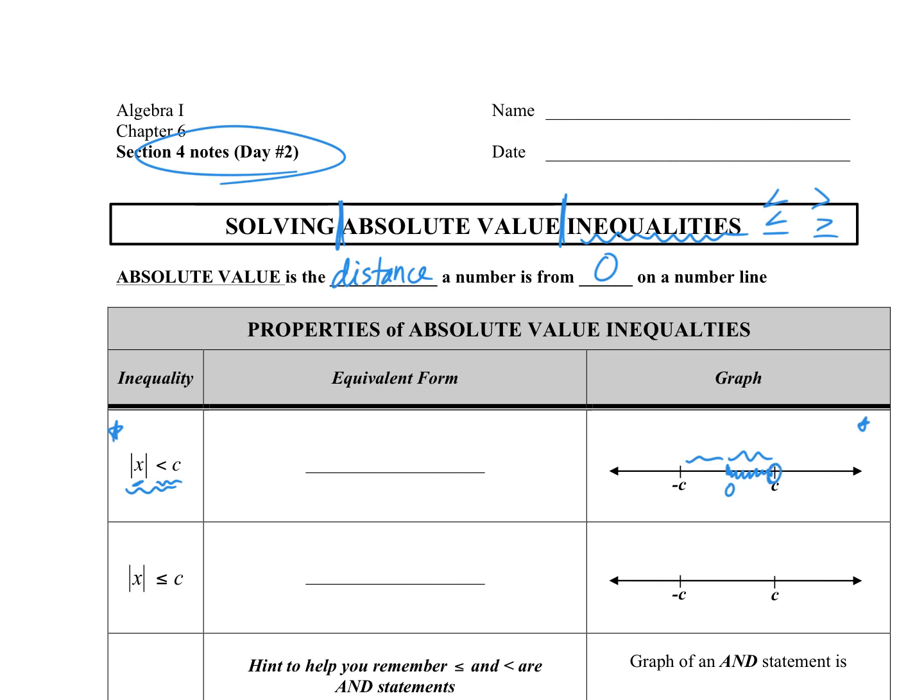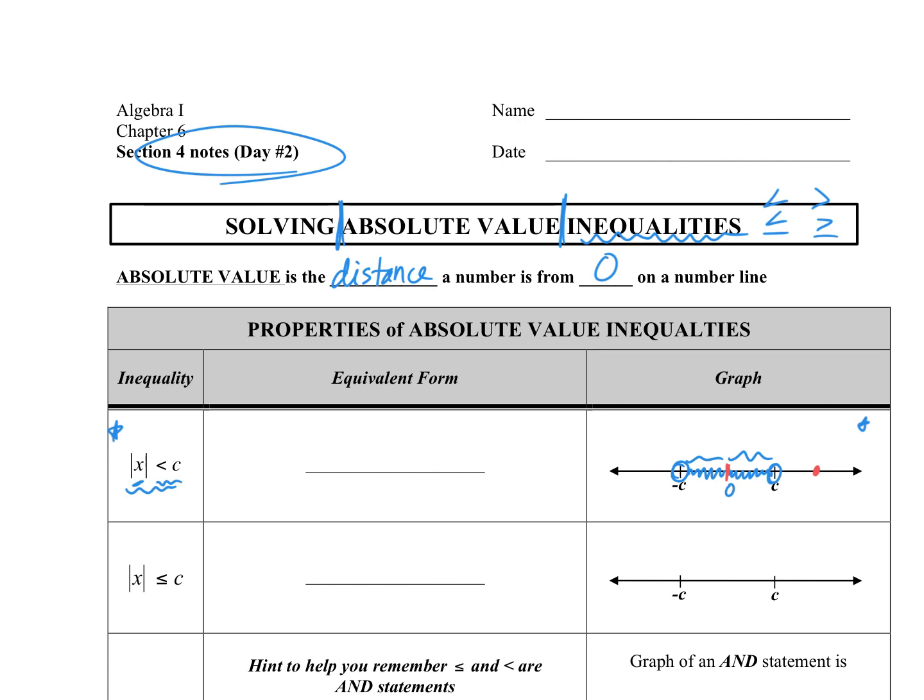So my graph is going to have an open circle on the c and the negative c, and we're going to graph everything in between. Because if I were to say that this distance is smaller than c units, if I go over here, that's more than c units away. If you were walking this distance, you'd have to pass c to get to this new number. So that doesn't work, okay?